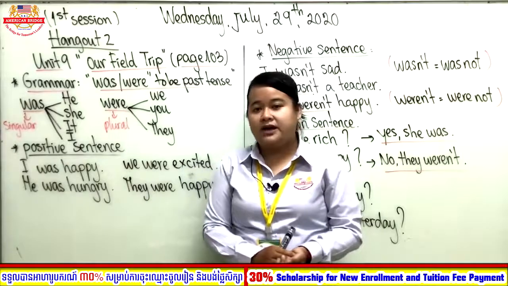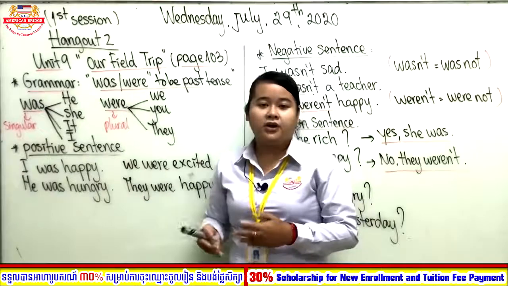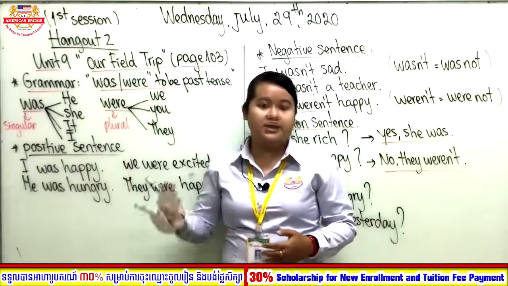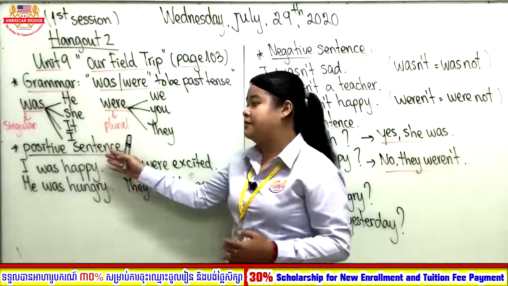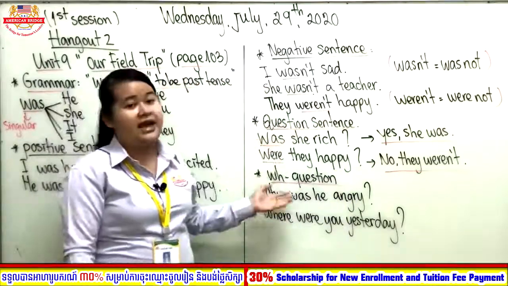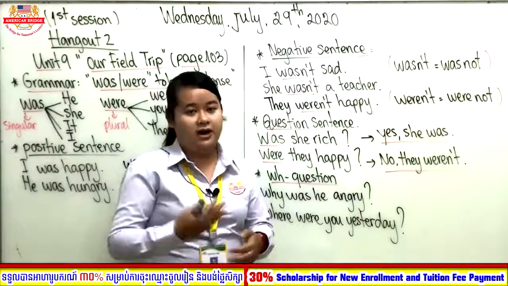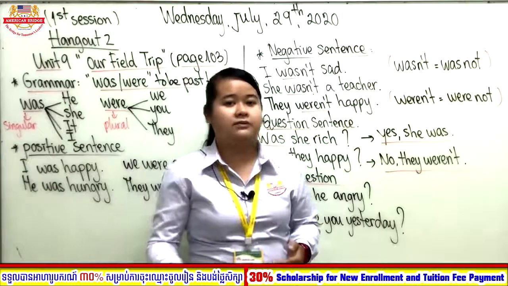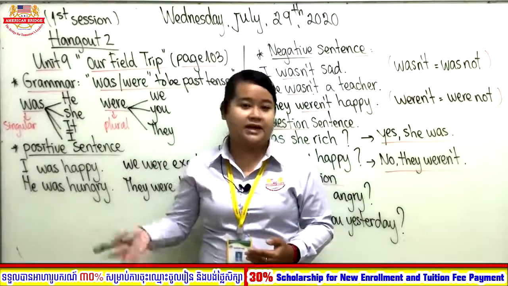But right now teacher wants you to know about the forms of using was and were. We have 4 forms for today: positive, negative, question and WH question, right? You do not yet know how to use them, so now let's look at the whiteboard. Teacher will explain more about how to use was and were.